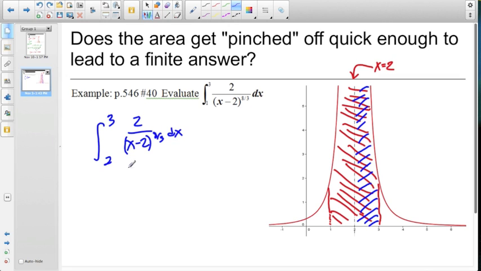Now we see at this lower bound it makes this denominator 0, which makes this expression undefined. So we're going to let a approach 2 from the right. I could have used the other side too. We're going to look at integrating 2 over x minus 2 to the 8/3 power dx.